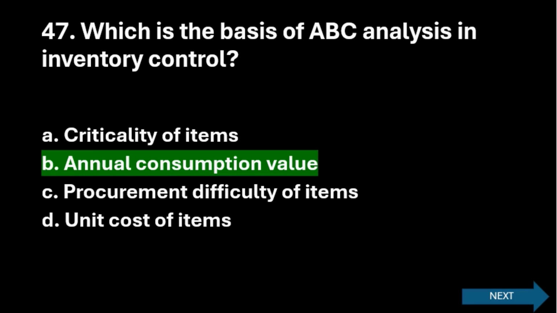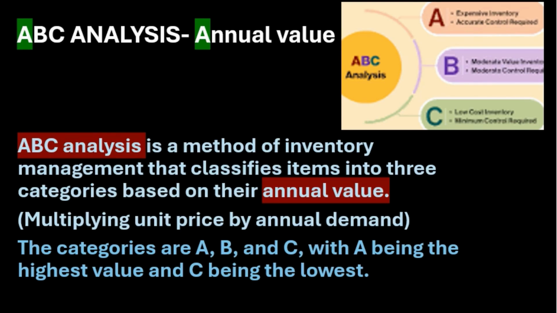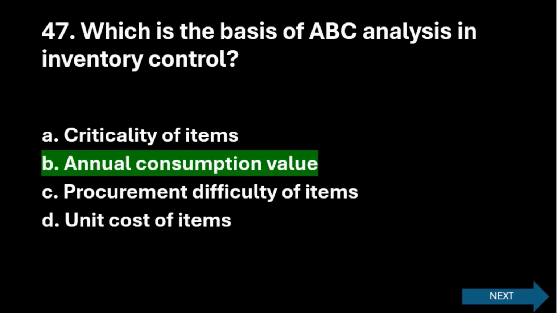Here you can see what is ABC analysis. ABC analysis is the method of inventory management that classifies the items into 3 categories based on their annual value. The categories are A, B and C, with A being the highest value and C being the lowest value. Here in the options you can see unit cost of price and annual consumption value.